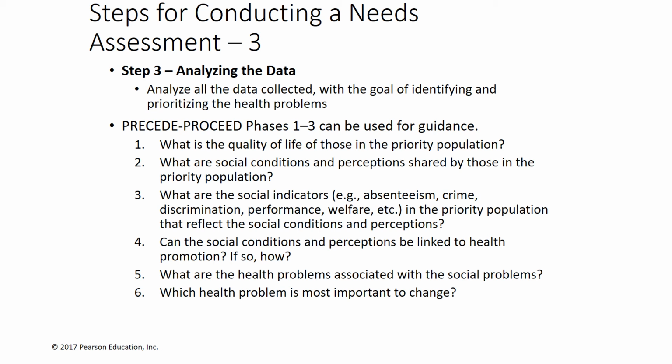So if we could link those with the health issues we're trying to address, then they're going to bring some motivation to the situation to complete the program. And then moving on, looking at your health problems, which ones are you going to focus on, that sort of thing. So needs assessment, you're doing it to serve a purpose. You have to understand what that purpose is before you set out to conduct your needs assessment.